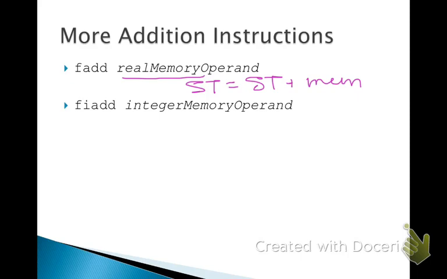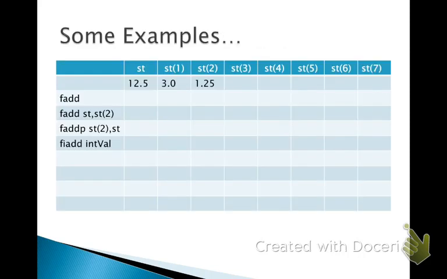In the same way, stack top is going to get replaced by the sum of stack top plus the integer value stored in memory. Okay? Again, we've got some more examples to look at, plus some code that we'll do, I think, at this point when we get back into class.